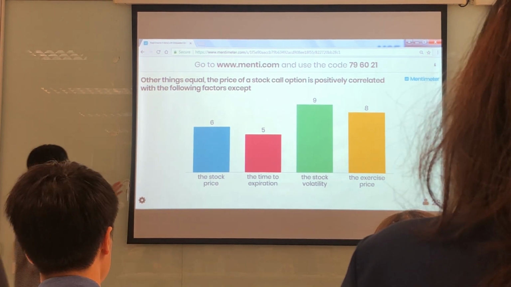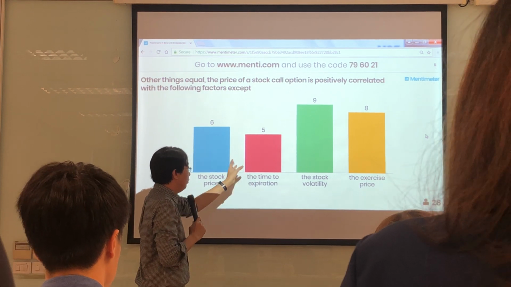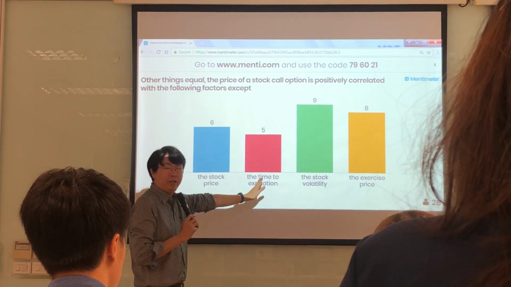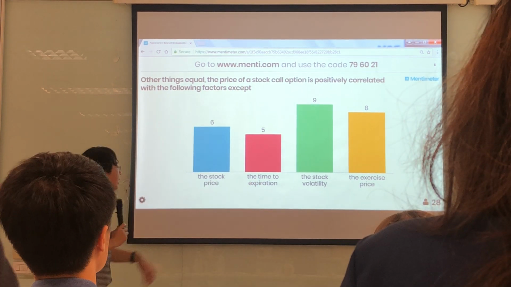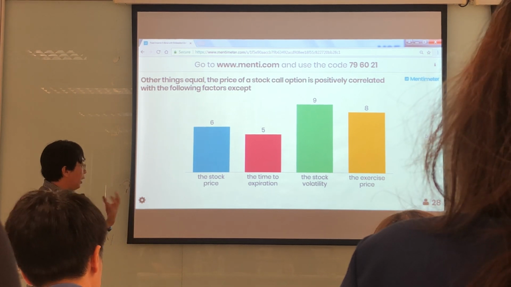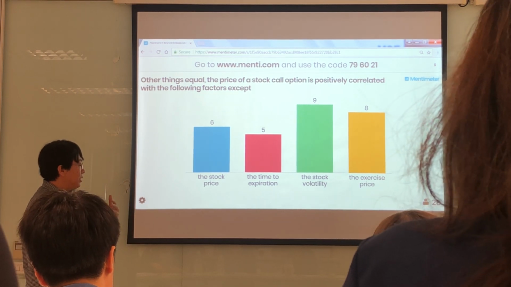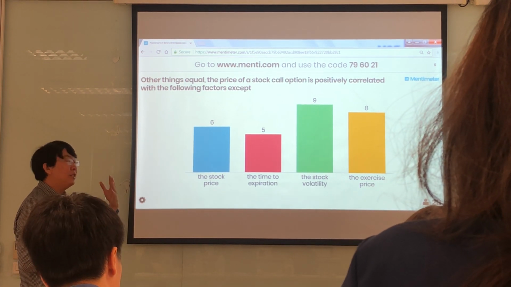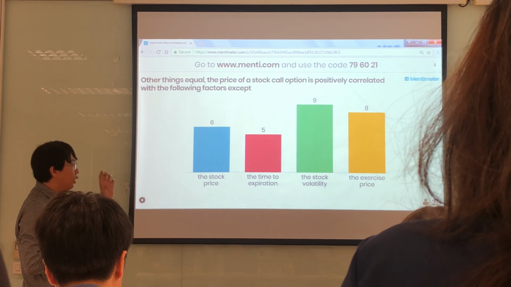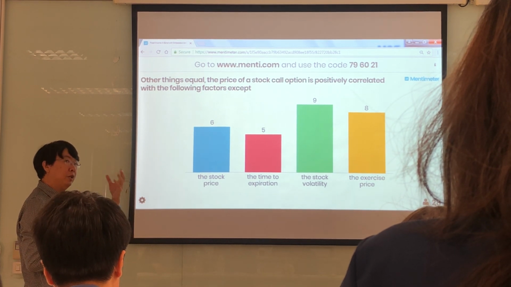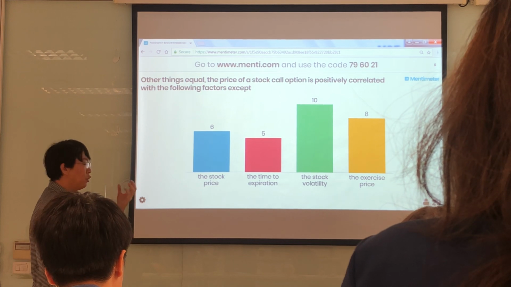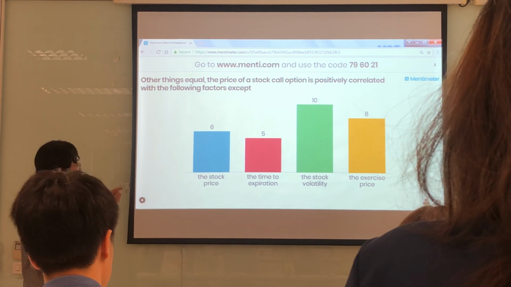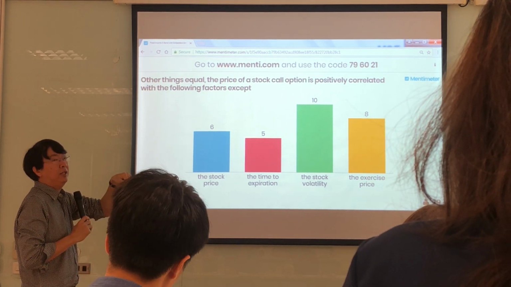However, for the American option, this is correct because you can exercise any time. Once you have the opportunity to get profits, the value of the call should be positive. But for the European option, it's not the same because you can exercise only at the expiration date.